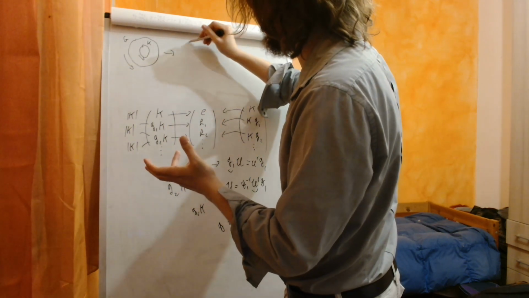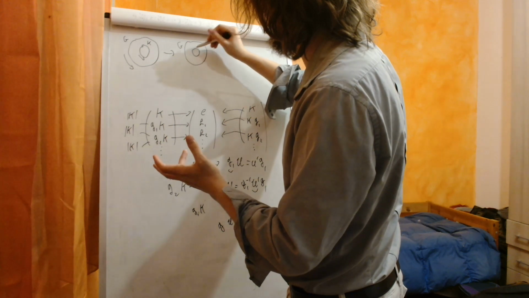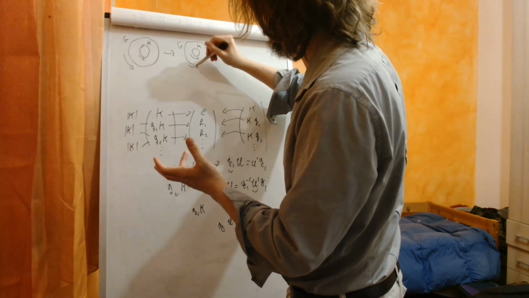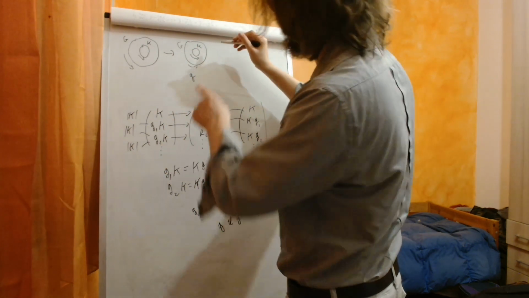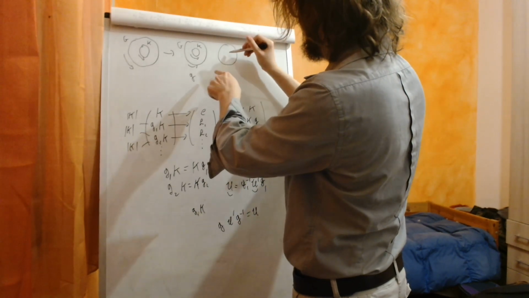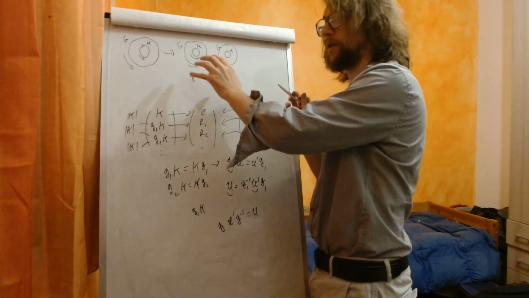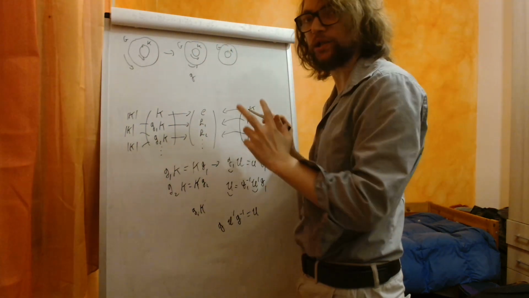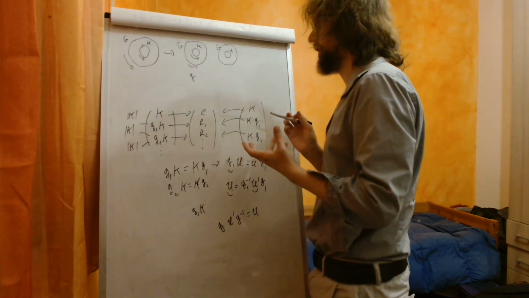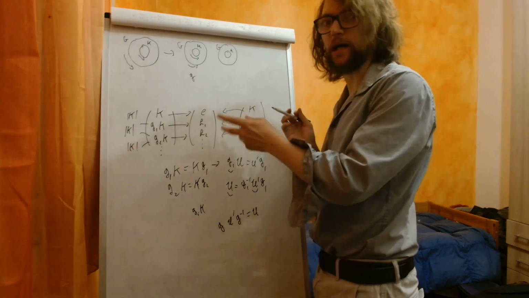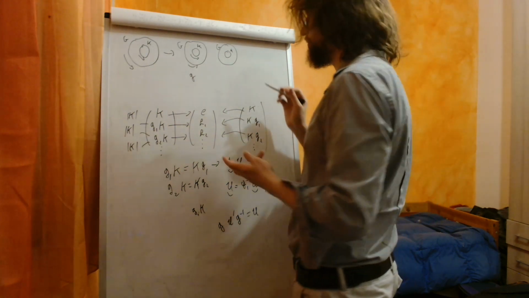So you end up with this, and this is G. Then you do an action only in K, and this action will not affect the rest of the actions of G. This is basically the intuition behind the normal subgroup.